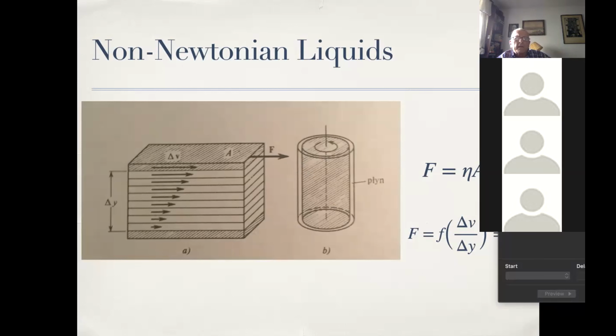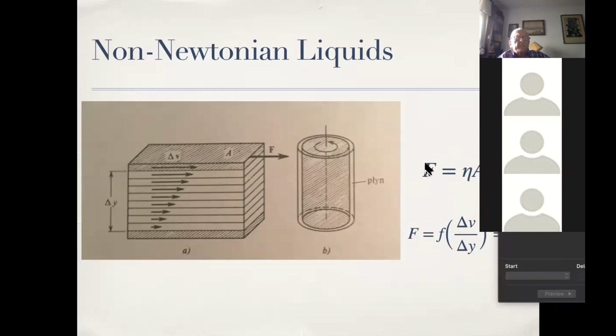As you remember, when we were talking about viscosity, we had this simple drawing, and the viscosity coefficient was determined as a relation between the force applied to the surface of the liquid, the area, and the difference of the velocity along the y direction. This kind of expression, change of the velocity along the line, is called the rate of deformation.